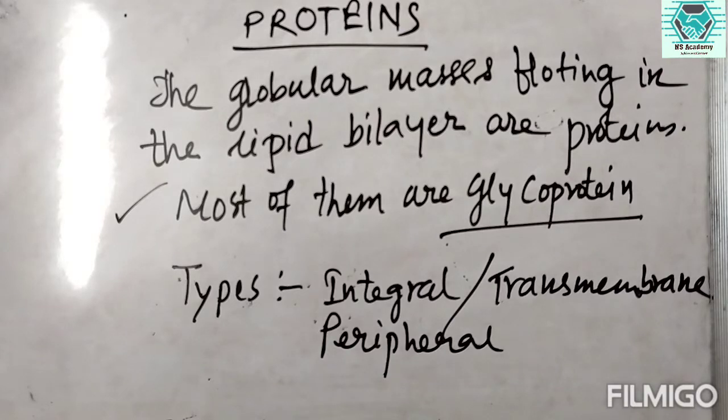So if we classify, then there are two basic classifications. Number one is the integral protein, or we can also call them transmembrane protein, and number two is the peripheral protein. So these two major categories of proteins are found in the cell membrane: integral or transmembrane protein and peripheral protein.